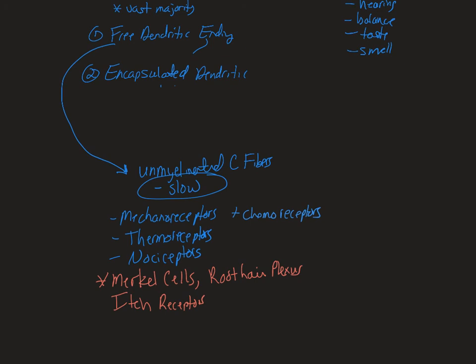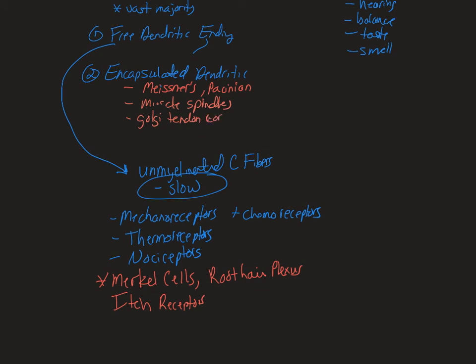The encapsulated dendritic endings, examples of those would be the Meissner's, not the Merkel's, the Meissner's corpuscle, the Pacinian corpuscle, Ruffini's corpuscle. We've talked about the muscle spindles at some point, the Golgi tendon organ. These all have special little caps that surround it.